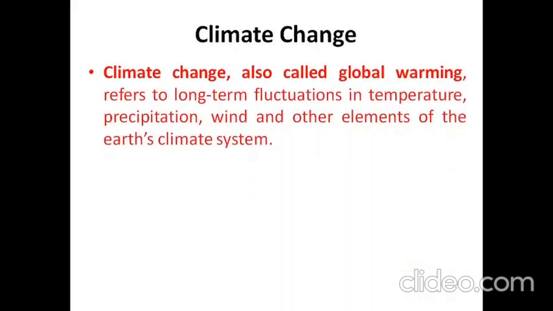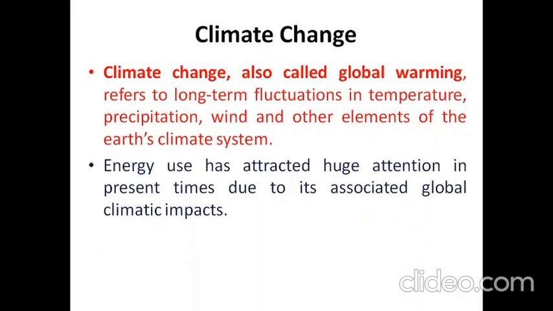Climate change. Climate change, also called global warming, refers to long-term fluctuations in temperature, precipitation, wind, and other elements of the Earth's climate system. Energy use has attracted huge attention in present times due to its associated global climatic impact.